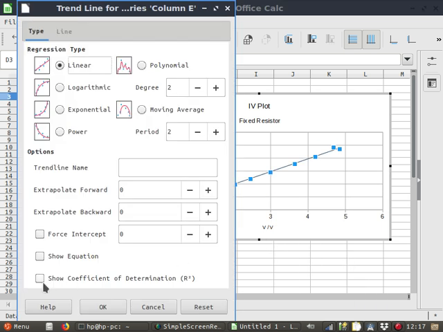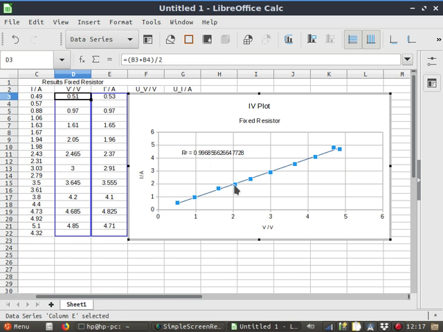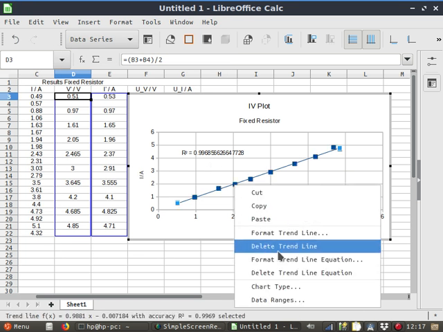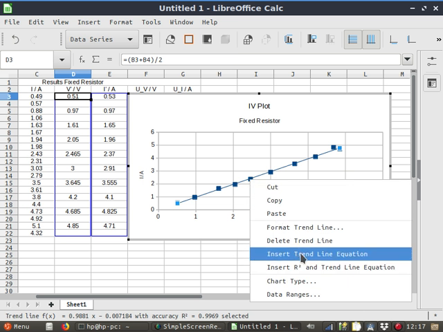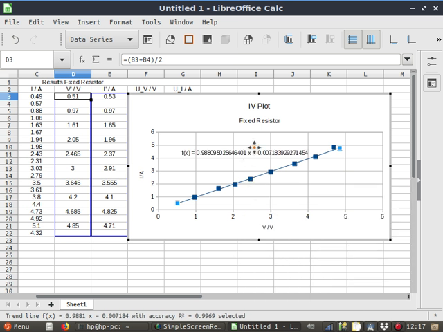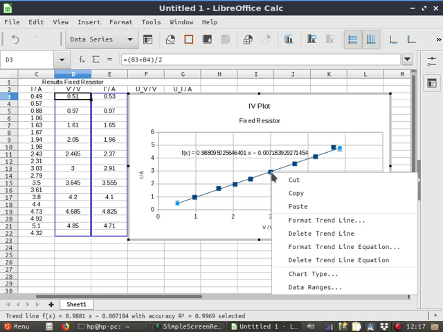I'll explain what this is in another class. I also want R squared. No, I'll explain it now actually. It's a straight line, no, straight line for this.